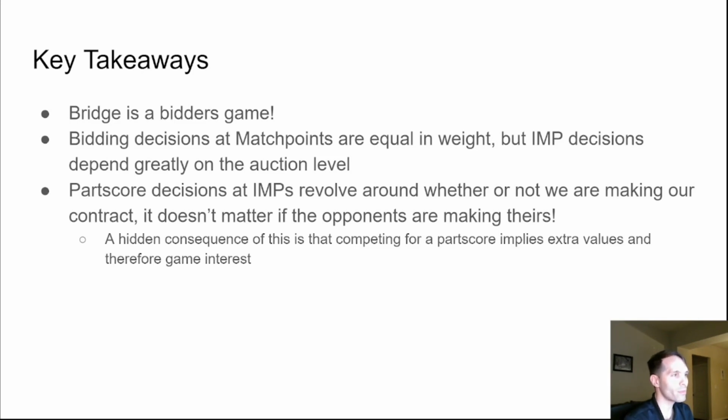So I would say tread lightly if you're thinking about raising your partner to a game just because they've balanced or just because they've competed for a part score. But you can definitely think about doing it at imps as long as you and your partner have this underlying understanding that part score decisions, more or less, you should focus on your side making the contract rather than just trying to be pushy and being competitive.